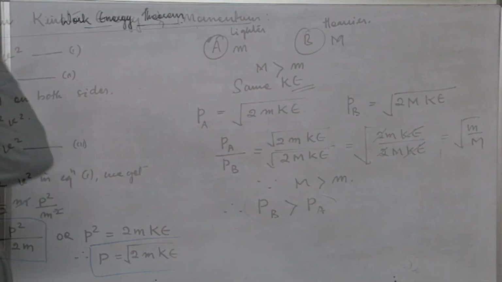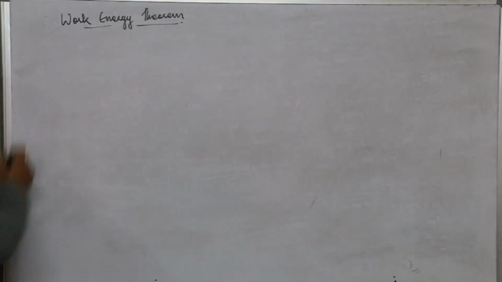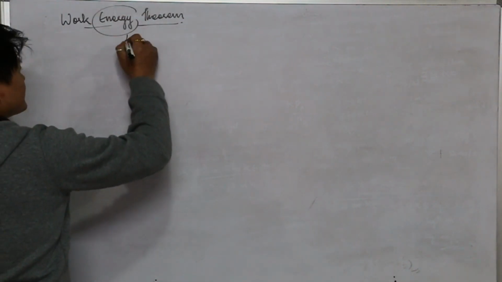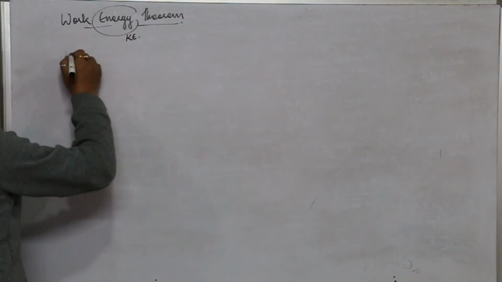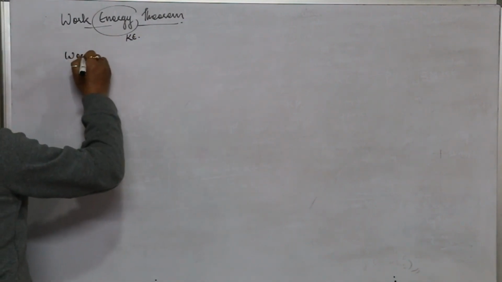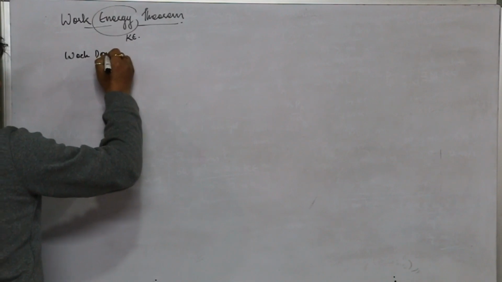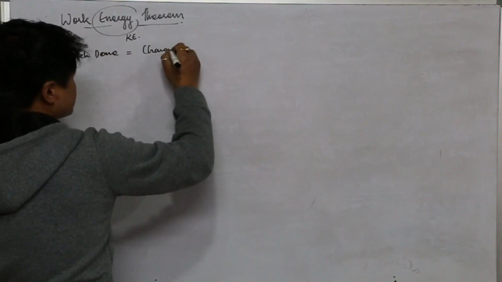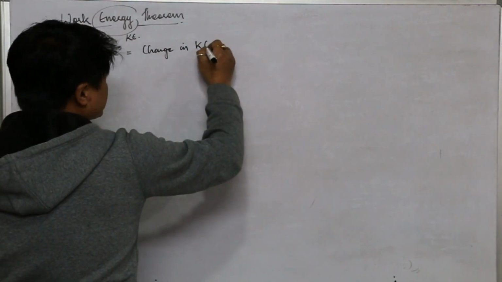Okay, this is the work energy theorem. So we know what work is. Work is equal to force into displacement into cos theta, and here the energy we are talking about is the kinetic energy. Work done is equal to change in kinetic energy.